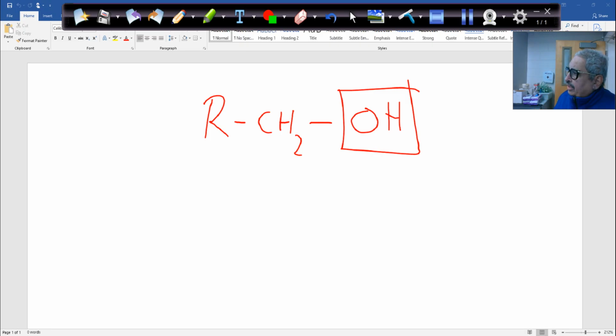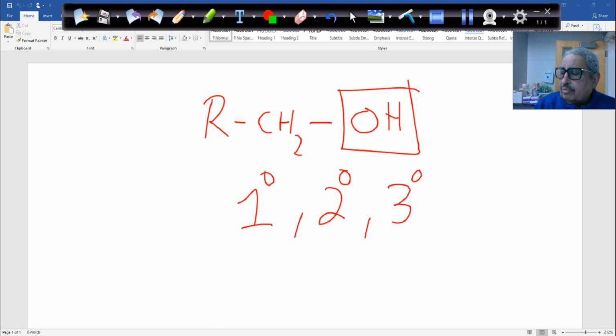You have an organic residue connected to a hydroxy group. Hydroxy group means alcohol. With this in mind, we have to differentiate between 3 different types of alcohols: primary, secondary, and tertiary alcohol.